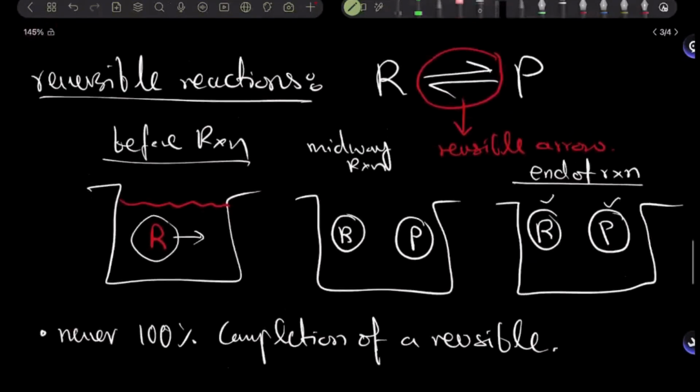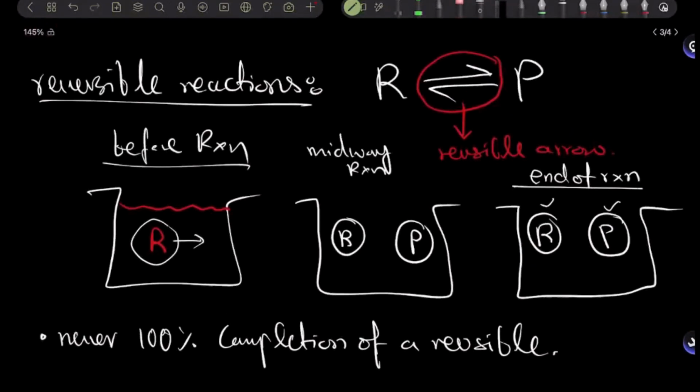But a reversible reaction never ends. It will keep on going. These reactants after some time will go into products, and at the same time, some portion of the products that were made will go back and form reactants. So it's a continuous process. It never ends unless you apply some external force and try to quench the reaction.